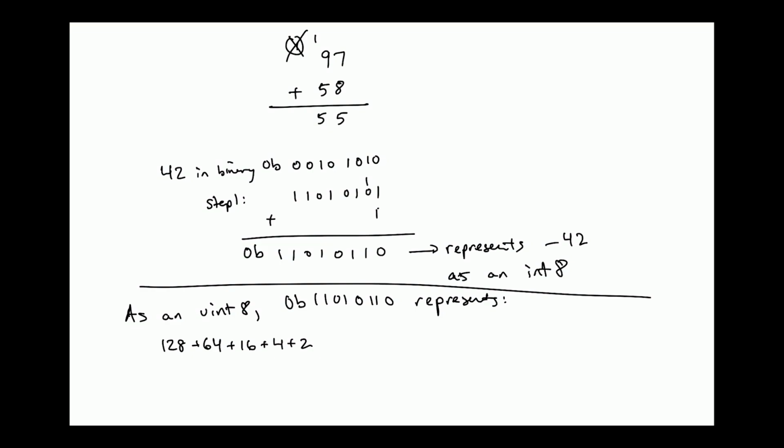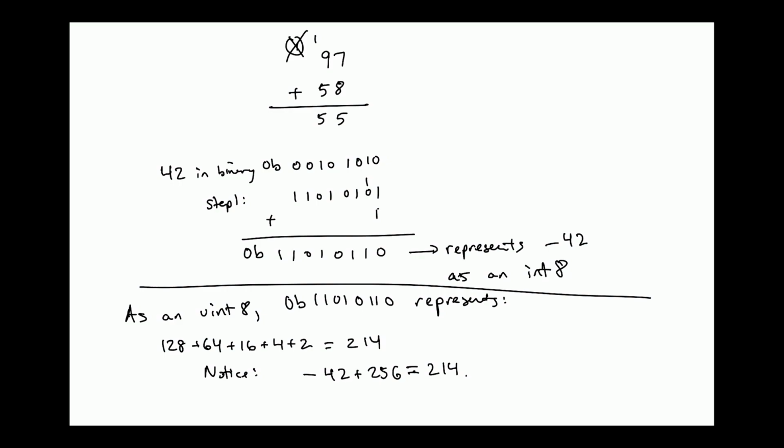Okay, so it would represent 128 plus 64 plus 16 plus 4 plus 2, because those are the positions that the ones are in. And what does that all add up to? 214. Okay, great. So what I want you to notice is that negative 42 and 256 add up to 214.